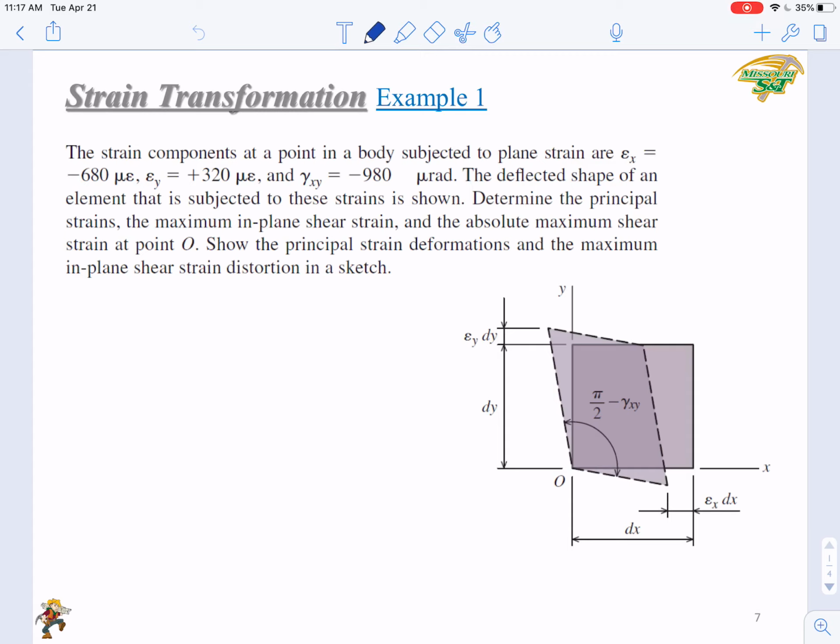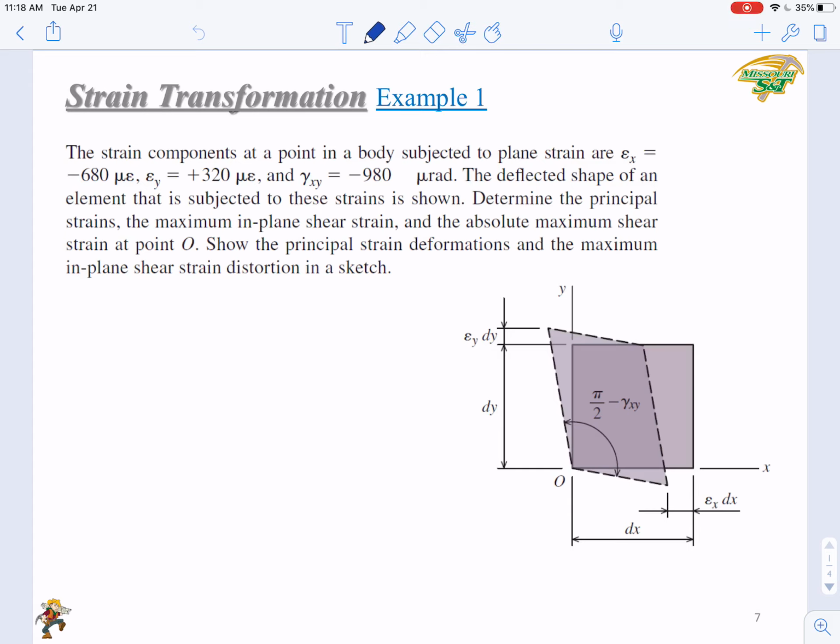Determine the principal strains, maximum in-plane shear strains, and the absolute maximum shear strains at the point O. We can actually use the same principles as in the stress analysis part. Remember in the previous section, we analyzed the two cases when sigma P1 times sigma P2 is positive or negative, meaning that they have the same sign or not.